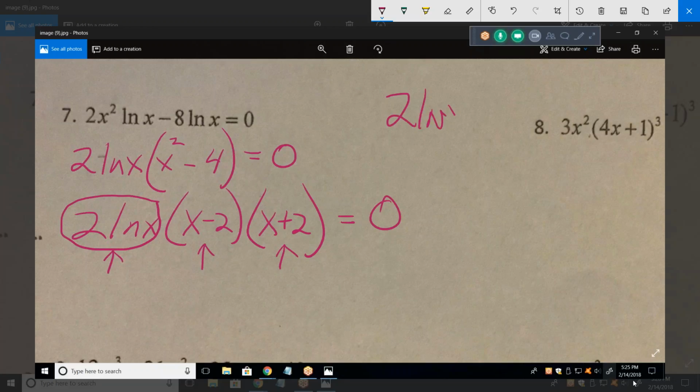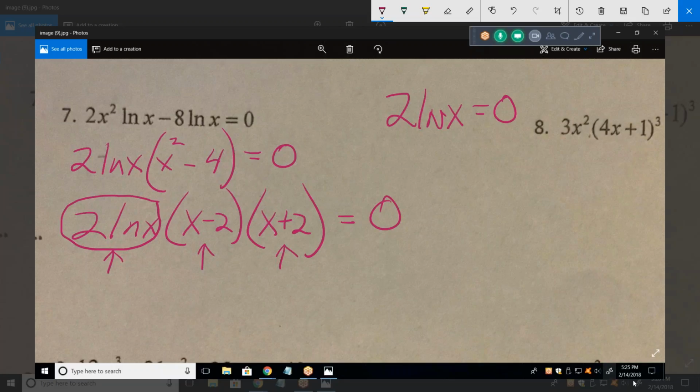2 natural log of x equals 0. What value of x makes that true? 0? No, 1. You actually cannot take the natural log of 0. That violates the domain. It's like taking the square root of negative numbers. You can't do it.